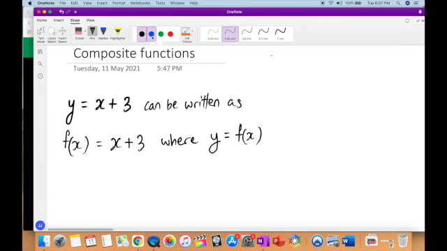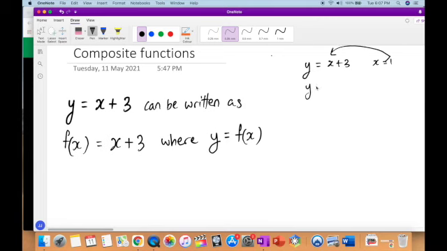Now, we know from before that if I had, in a question before, y is equal to x plus 3 and they tell me to substitute x is 1, well, we know that is just to put 1 where x is, right?